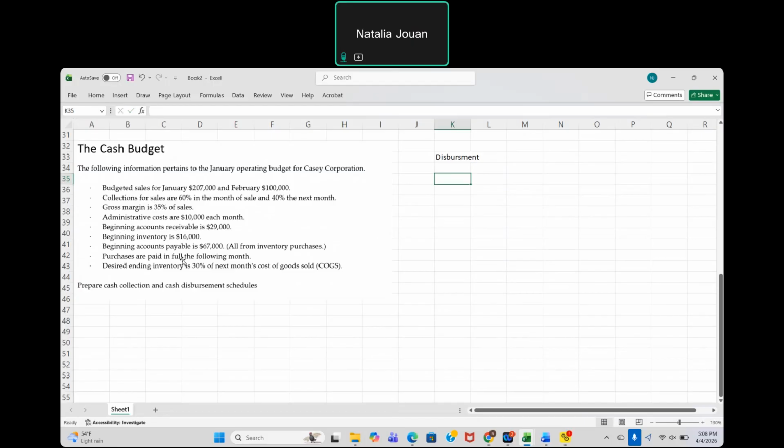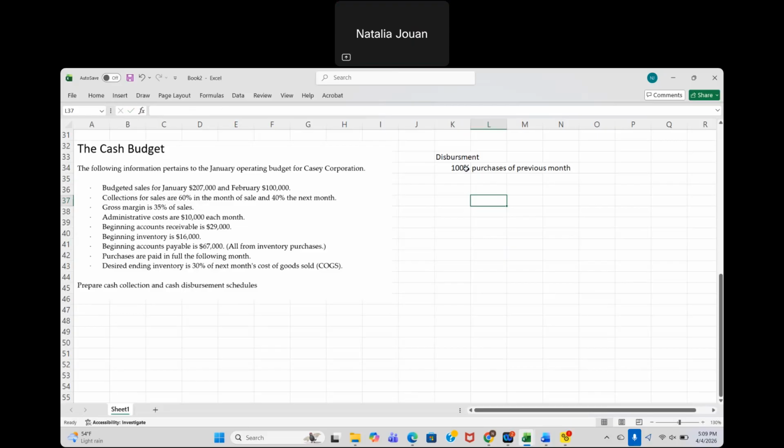Purchases are paid in full in the following month. So the disbursement is 100% of purchases of the previous month. That's how much you're going to be paying. You're going to be paying 100% of what you bought the previous month because right now you are in the month that is following the month of purchase.